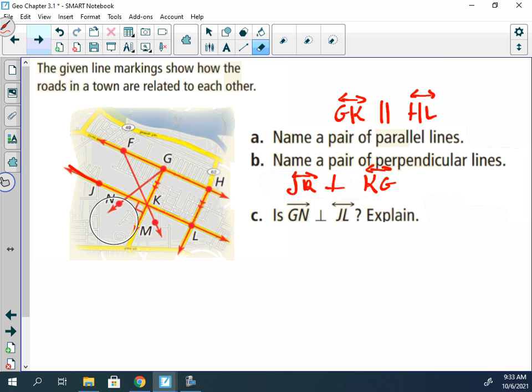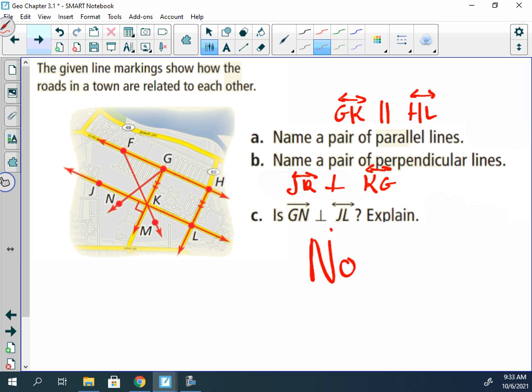A little much. Is GN perpendicular to JL? No, there's no right angle marker, and we already have one. So no.